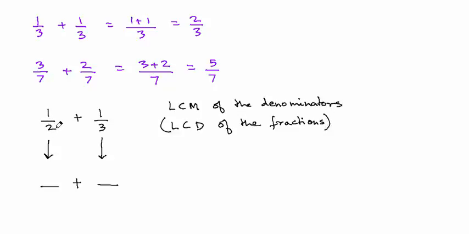The LCM of 2 and 3 is 6. So your job is to change both fractions to something over 6 using the idea of equivalent fractions.